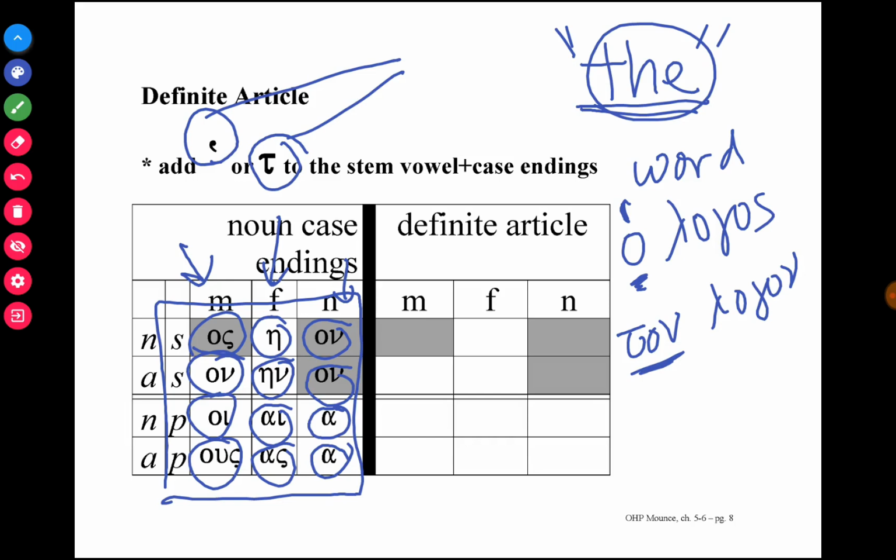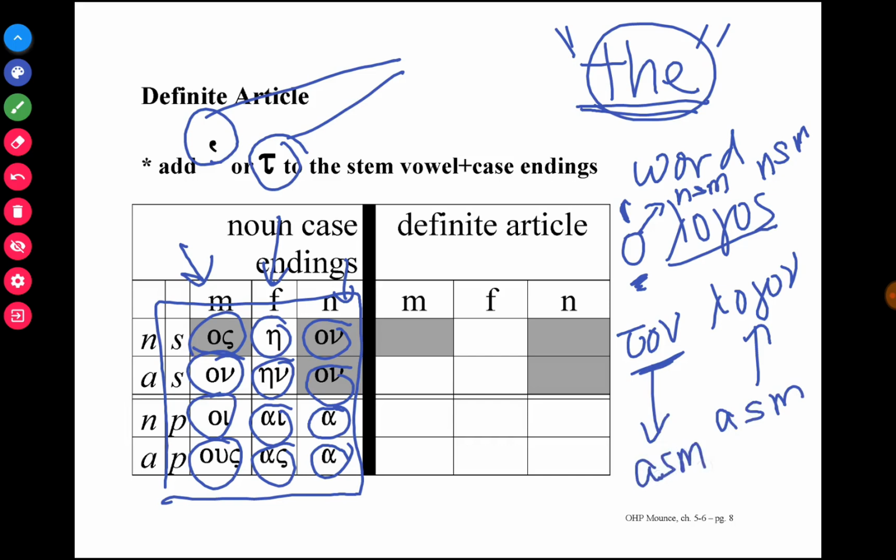If I'm using logon, the word as the direct object of the sentence, I have to use the right definite article. If this noun is nominative singular masculine, then this definite article also has to be nominative singular masculine. And if this is an accusative singular masculine direct object, then the article I have to use is also accusative singular masculine.